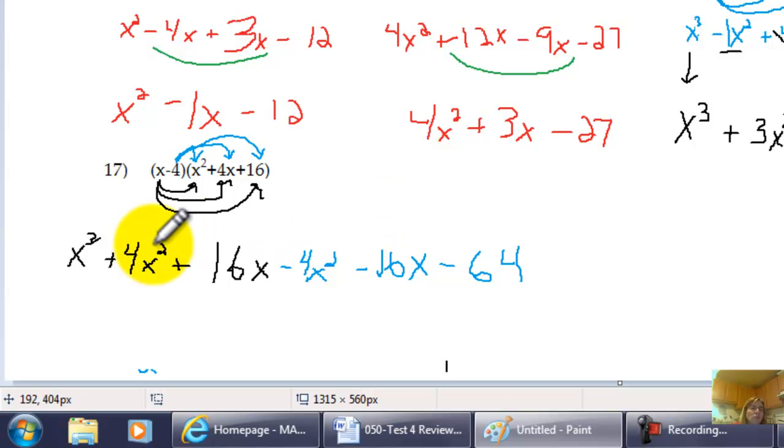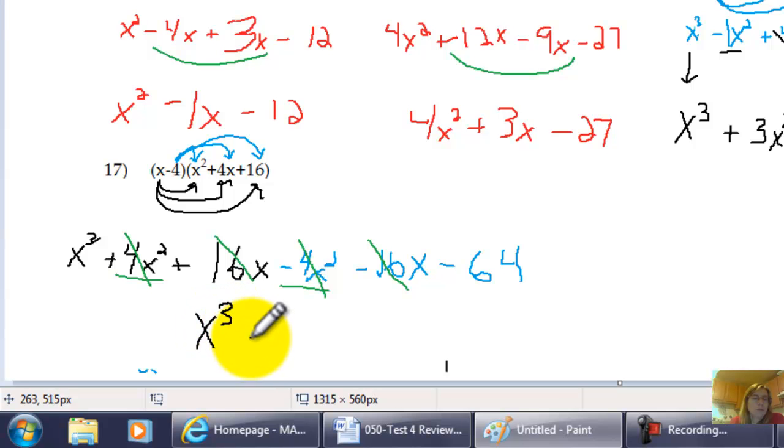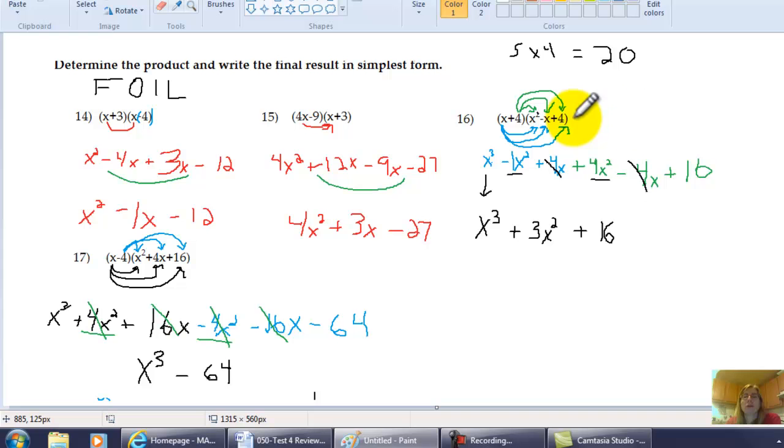Now we're going to combine like terms, so we can combine the 4x squared and the minus 4x squared, which makes it go away because a plus and minus turns it to 0. We have a plus 16x and a minus 16x, so that also goes to 0. So what we have left over is x cubed minus 64, which is a difference of cubes. For each problem, we did the FOIL method, although it gets more complicated with this style of factors.